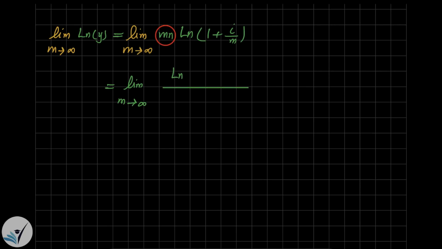So I have ln of (1 plus I over M) in the numerator, and the denominator would be 1 over M N. And when M approaches infinity, ln of (1 plus I over M) approaches ln of 1, which is 0, and this 1 over M N approaches 0 as well. So I have 0 over 0, and because I have 0 over 0, I can use L'Hopital's rule.